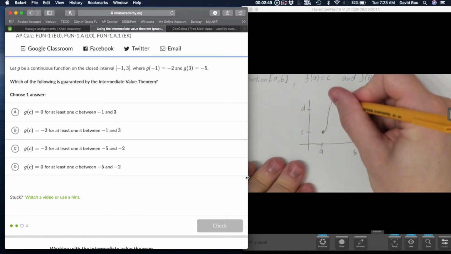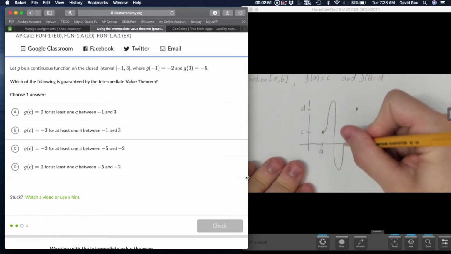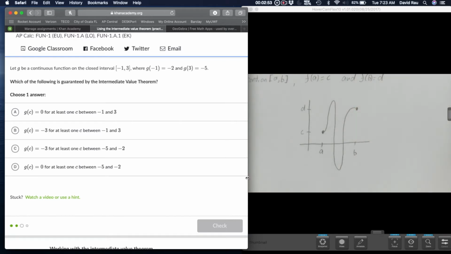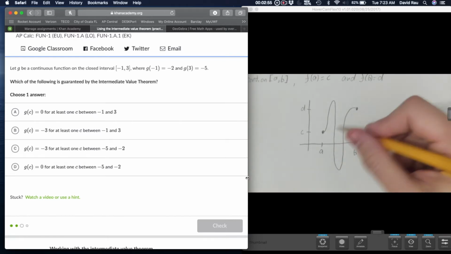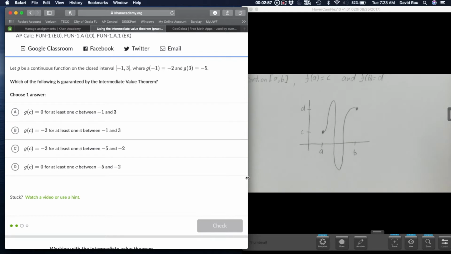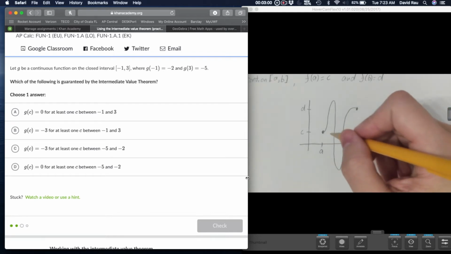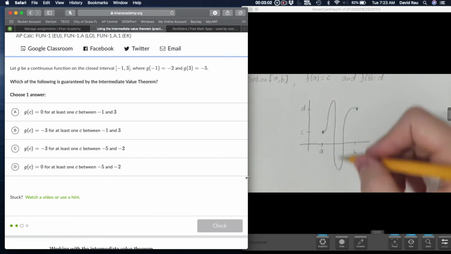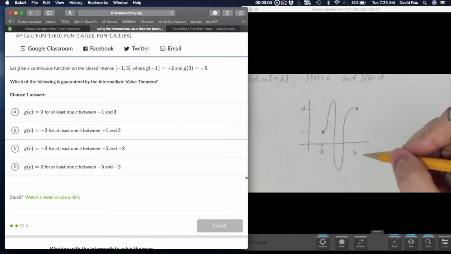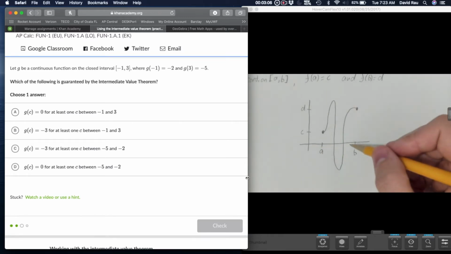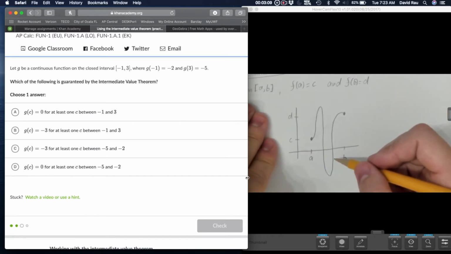Okay, anyways, now it doesn't have to be a straight line. It could be something wacky and crazy. It could be like this. Now think about what this means. I kind of like this idea of a wacky example. There are a lot of y values I encounter in between a and b. But because I'm connected, here's really what the intermediate value theorem says.